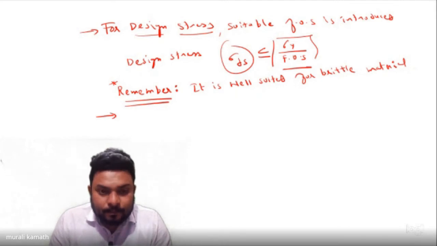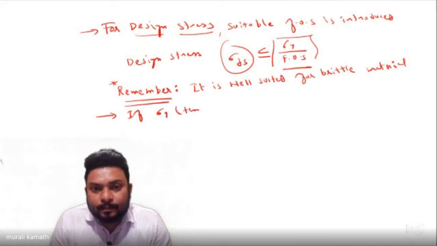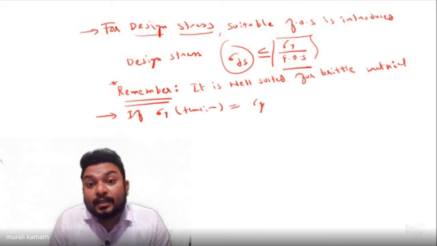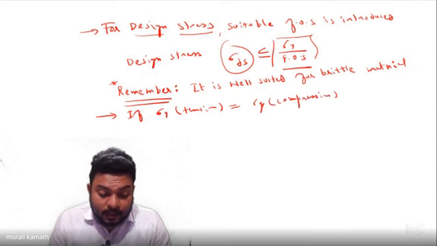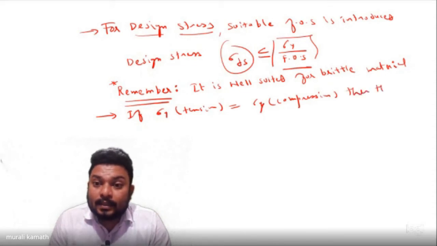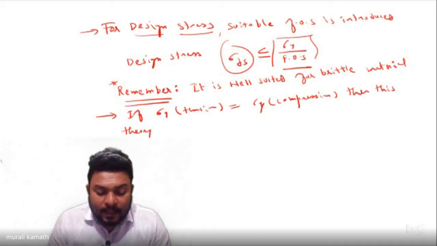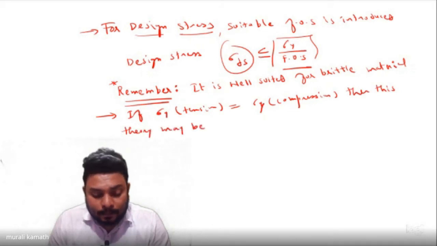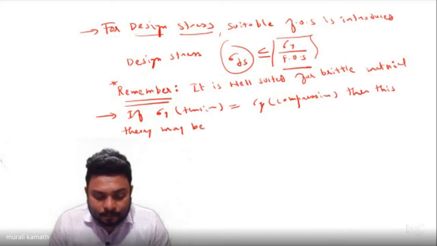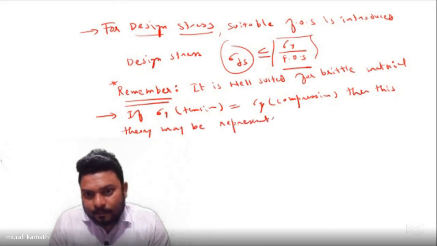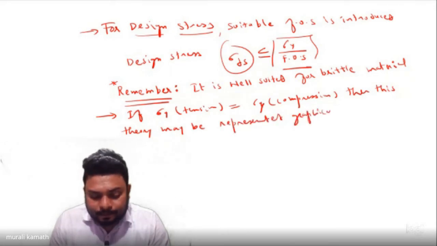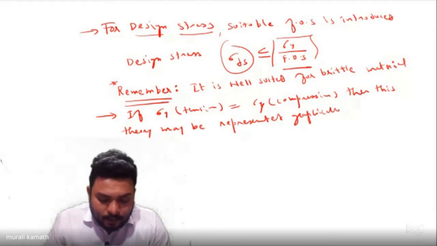If your yield stress in tension equals yield stress in compression, okay, then this theory may be represented graphically. That you can consider, see over here.